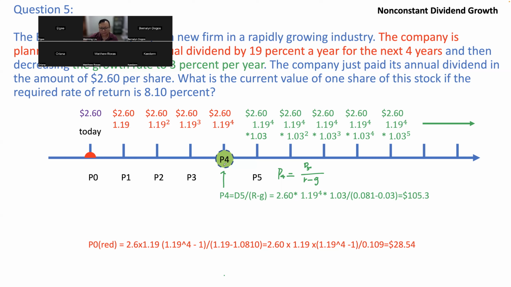It's not that hard. Don't overthink it. How to calculate P0 based on P4, the green parts. No one?